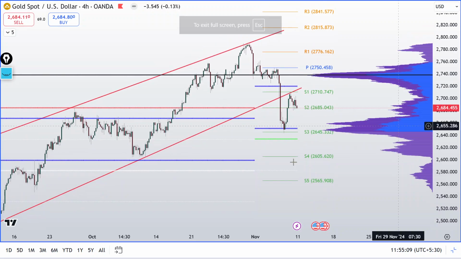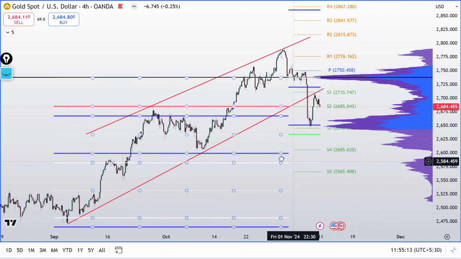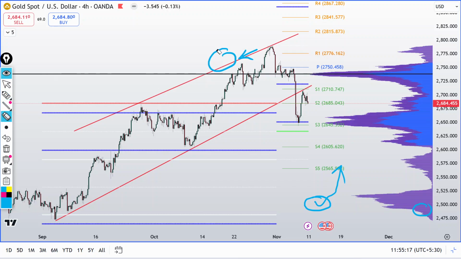Let me show you. On the 4-hour time frame, if we check the overall scenario, you can see the price was previously trading inside this rising wave pattern.